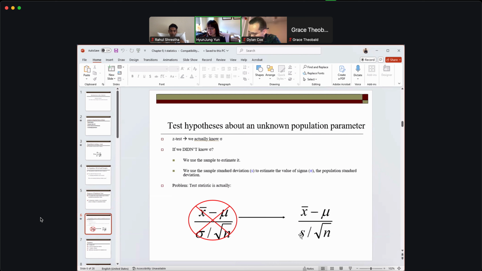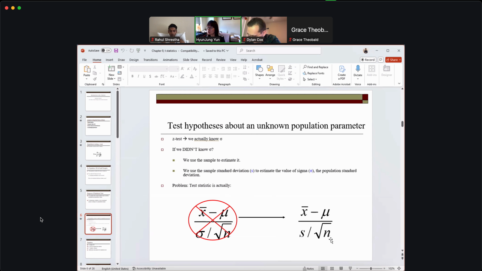standard deviation. Here I will go over the notations. It's not universal notation; this is only for our textbook. Some other textbooks use different notation, but sigma, the Greek letter sigma, is the universal notation for population standard deviation. Together with sample size, this is the population standard error.